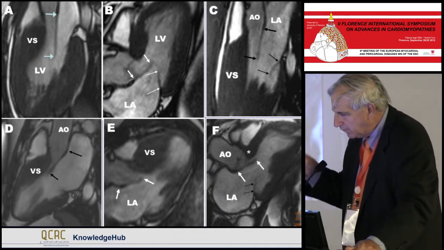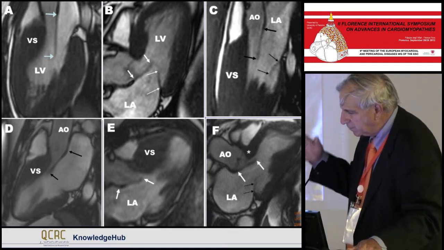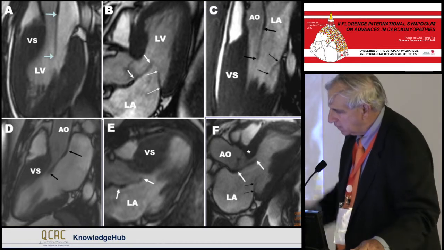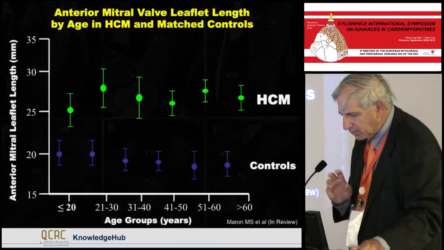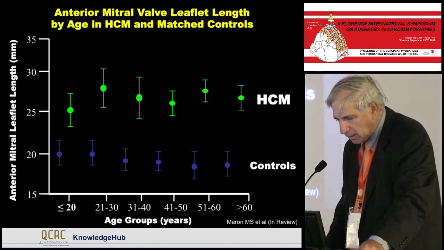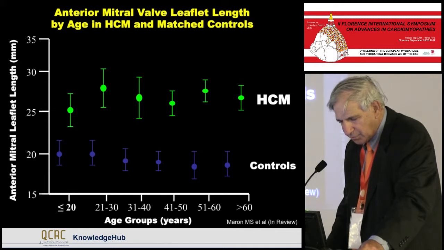There are a wide variety of patterns of mitral valvular elongation, and this is part of the mechanism for left ventricular outflow tract obstruction. And these leaflets can be quite long, and you can see that we're in this range for leaflet length based on the MRI.